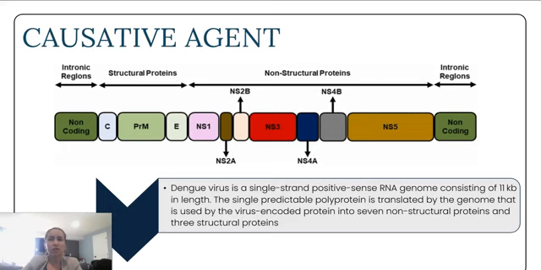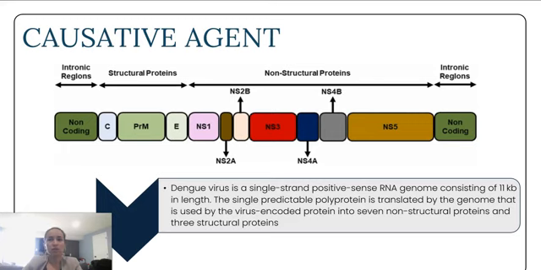A single polyprotein is translated from the genome, which the virus encodes into 7 non-structural proteins and 3 structural proteins, defined as follows: non-structural gene 1, NS1, non-structural gene 2A, NS2A, and non-structural gene 2B, NS2B, NS3, NS4A, NS4B, non-structural gene 5, NS5, and the structural proteins including capsid protein, envelope protein, and membrane protein.